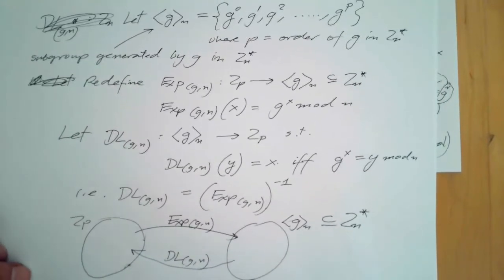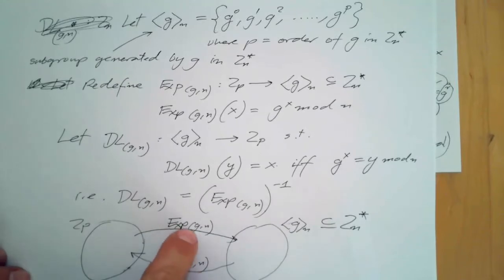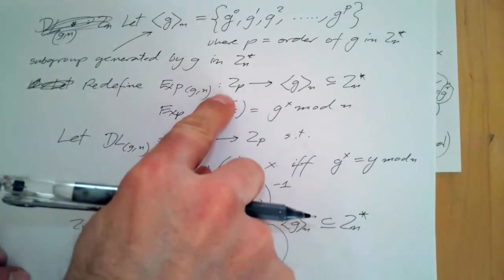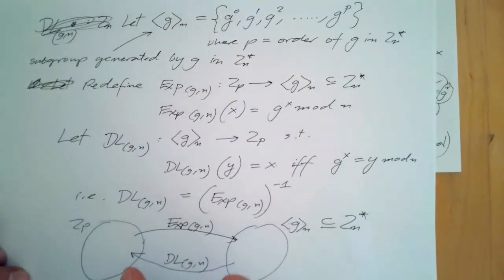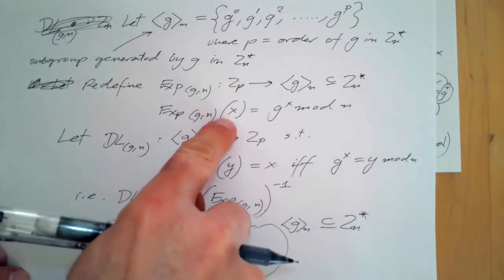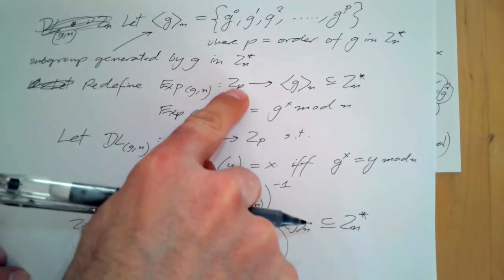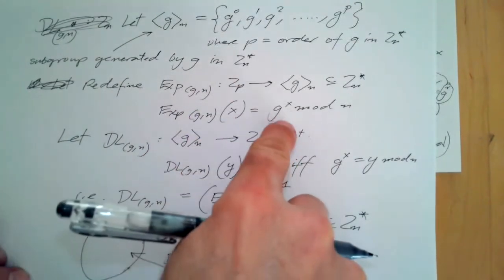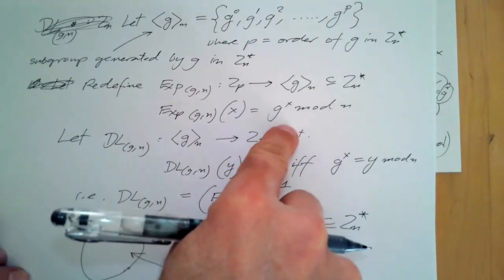Oh, well, I never said that this exponentiation function, once defined like this, doesn't collide. So there cannot be two exponents x and x prime such that g to the x is equal to g to x prime.